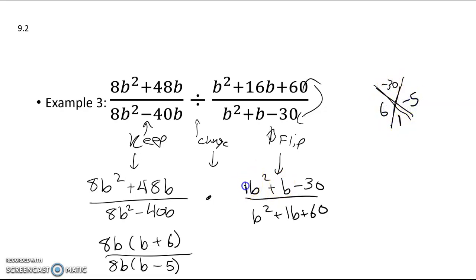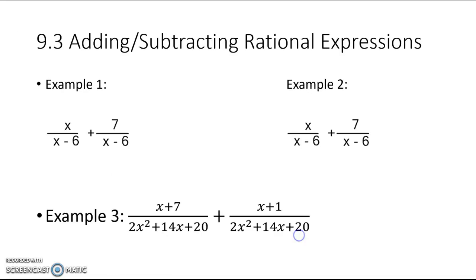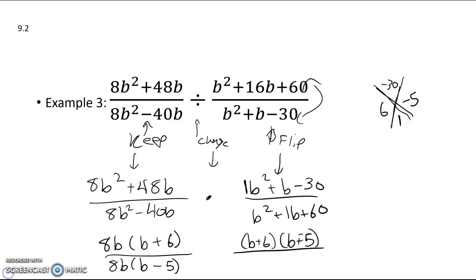I don't have a number out front, in fact I have the number 1, so I can automatically set up my two factors as b plus 6 and b minus 5. It's b minus 5, but you can also do plus negative 5. It's the same thing.